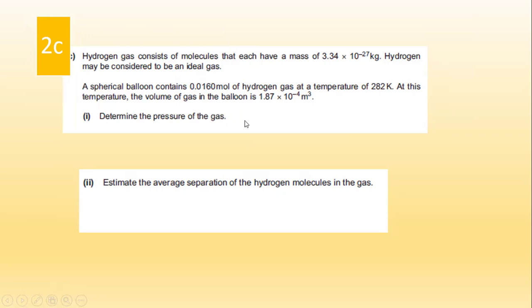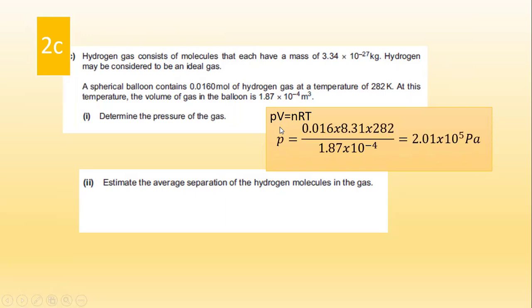Okay, what formula do they use? PV equals nRT. Then you take P equals nRT over V. There's your n, there's your R, there's your T, and then your volume, get the answer.